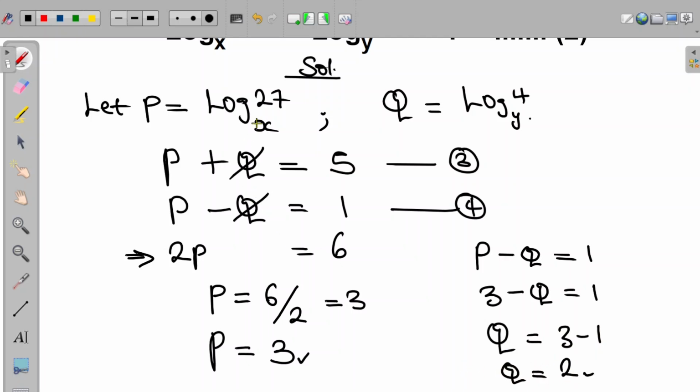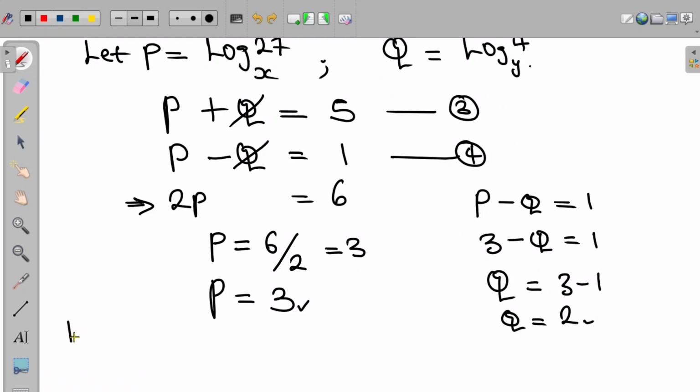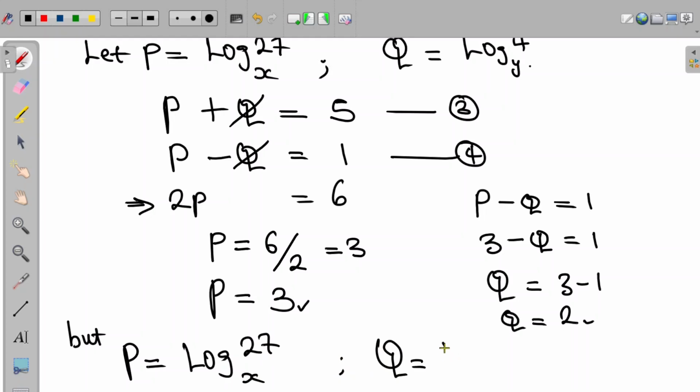But note that we made a substitution that P is equal to log 27 in base x, and Q is equal to log 4 in base y.